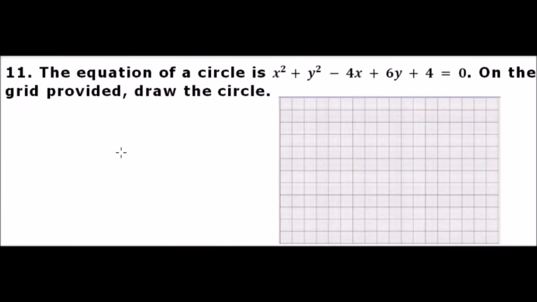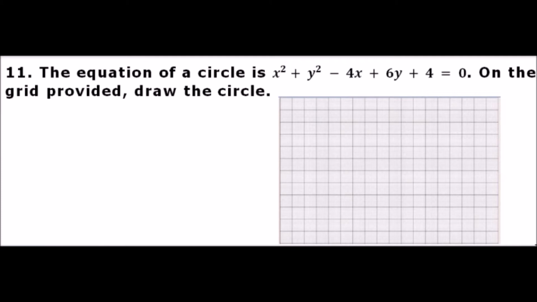For number 11, we are told the equation of a circle is x squared plus y squared minus 4x plus 6y plus 4 is equal to 0. On the grid provided, draw the circle.